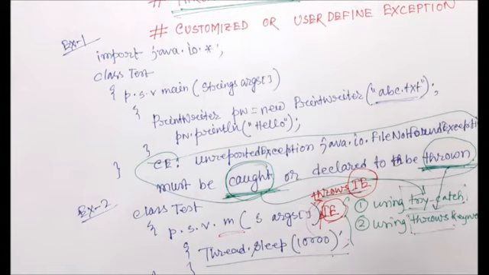Whether we throw the exception explicitly or it arises internally, ultimately it is handled by the JVM using the default exception handler. We discussed this at the very beginning of exception handling.